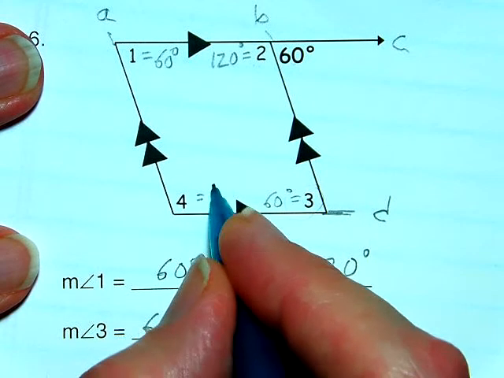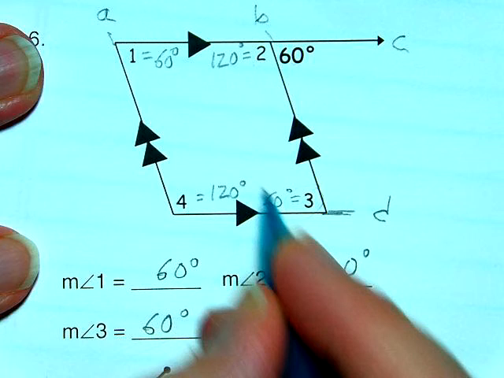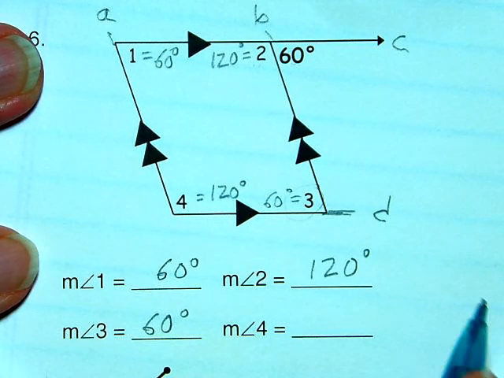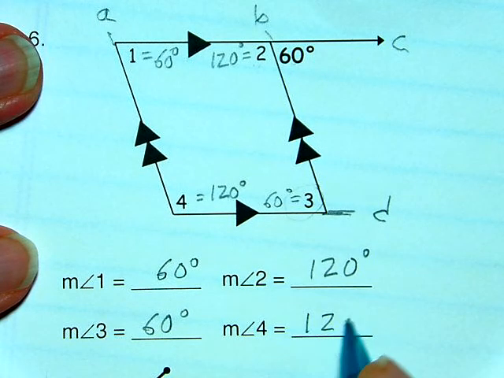So either way you look at it, 4 is supplementary to 60 degrees, so the measure of angle 4 is 120 degrees.